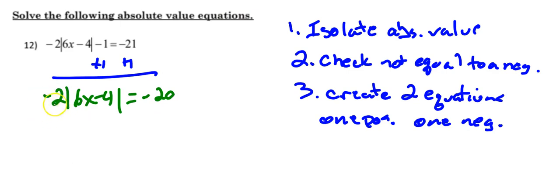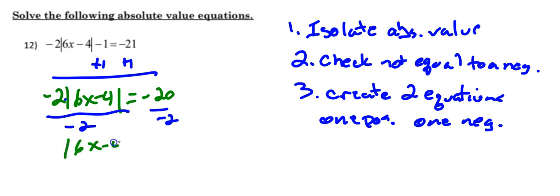Now we see that we have the negative 2, there's actually a times the absolute value in there, so we have to divide by that negative 2. And now we have absolute value 6x minus 4 is equal to 10. Our value is positive. Our absolute value equation on this side is isolated.